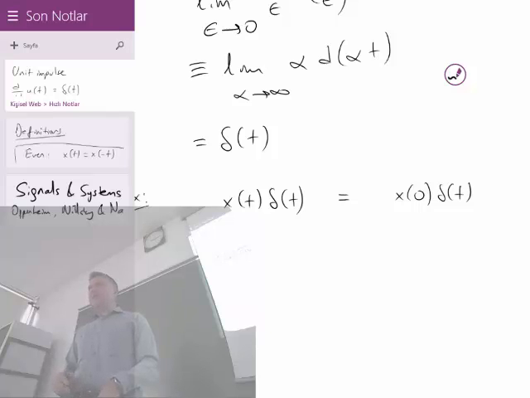But it's still problematic because its height is infinity. No matter how small x of 0 could be, x of 0 could be 0.01, but 0.01 times infinity is still infinity. So how can we extract the information of x of 0? We can do it like this. We can take the integral. We can find the area under it. So let's write it like this.